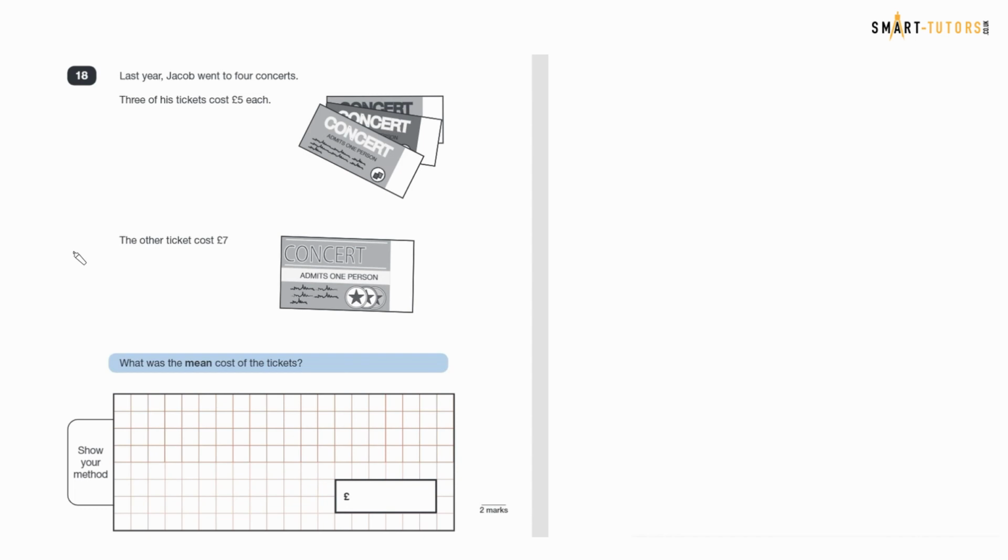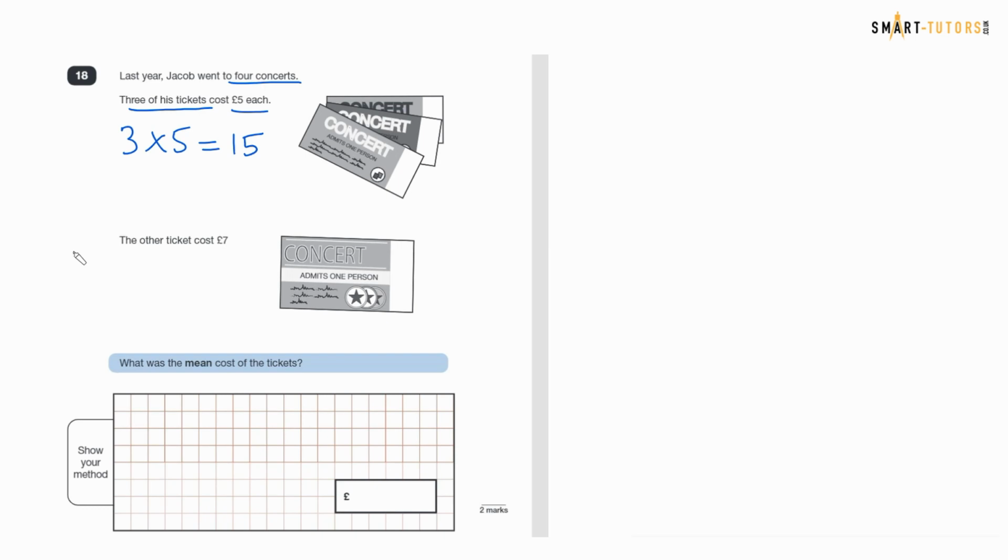So the mean is all the prices added together and then divided by how many there are. Here you need to do 5 times 3, which equals 15. Last year Jacob went to 4 concerts, 3 tickets at £5 each. Yes, you are right. 3 times 5 is 15.